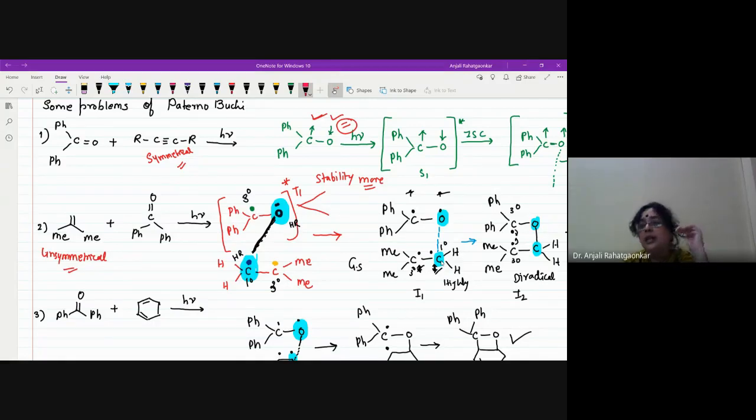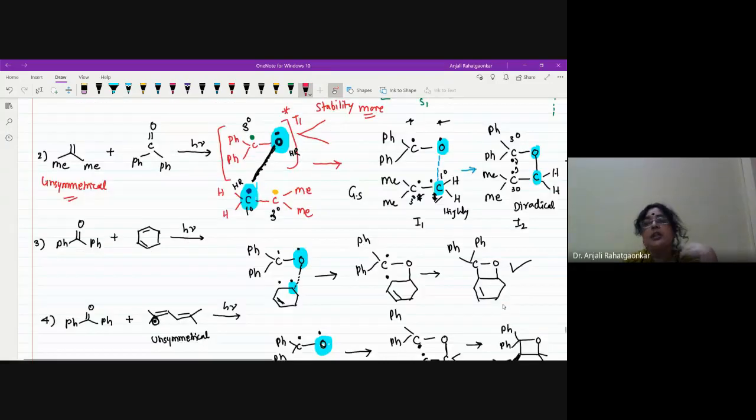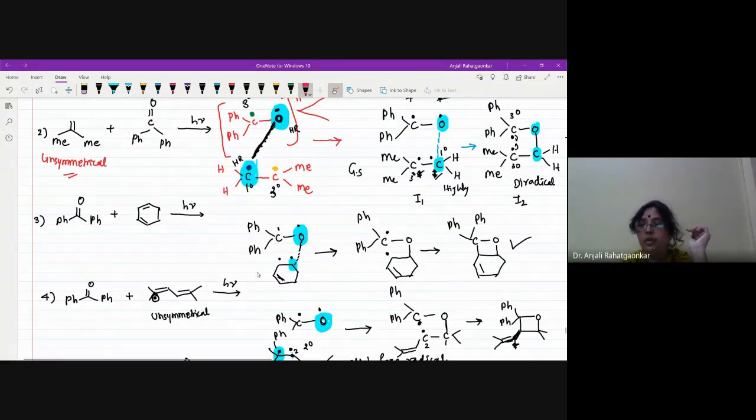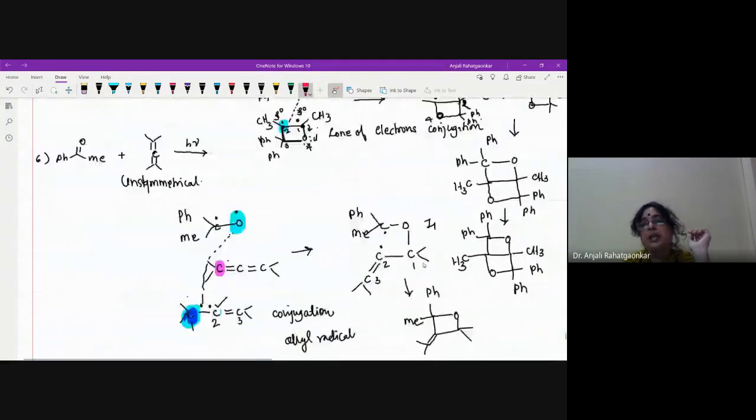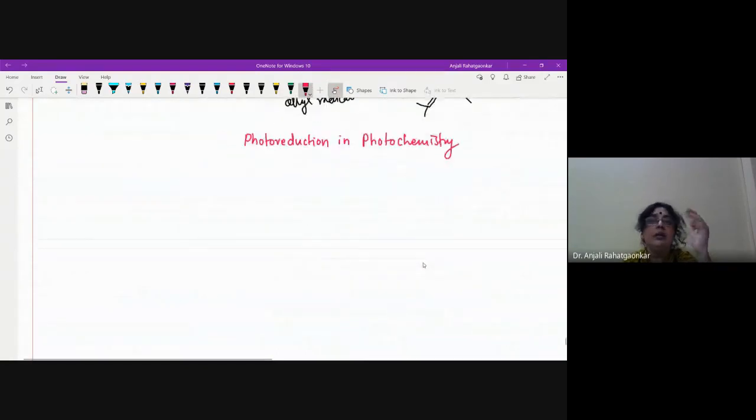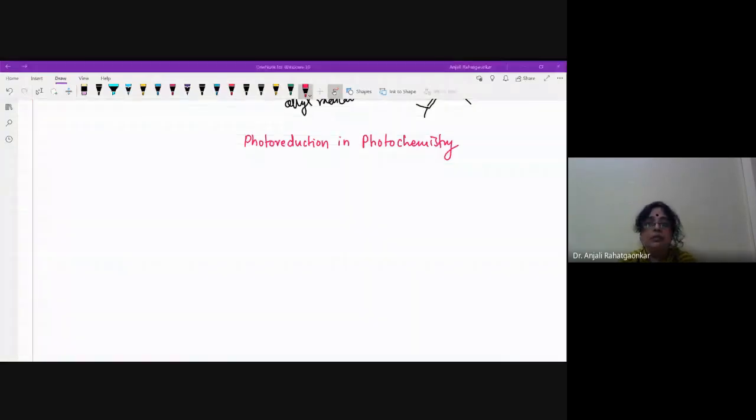And then in the second step, cyclization, and you will get the formation of oxetane. So these are the very important key points to be remembered whenever you write any mechanism. So this is how you have to proceed.